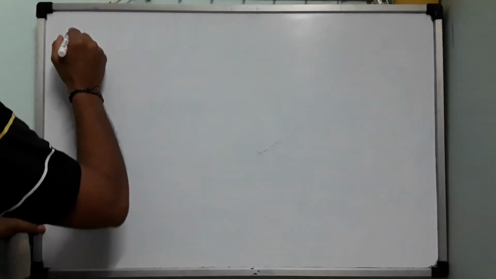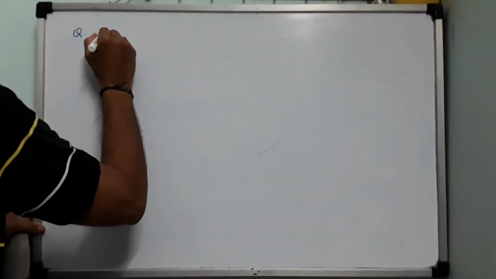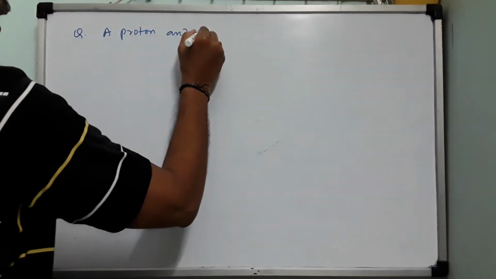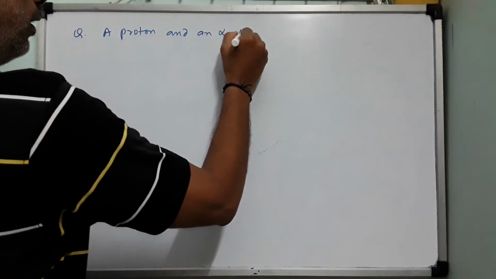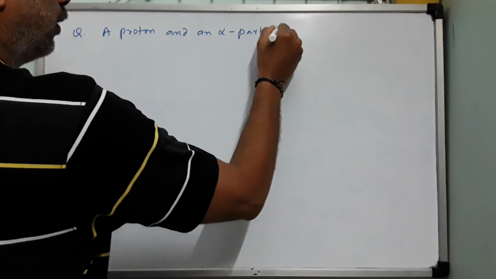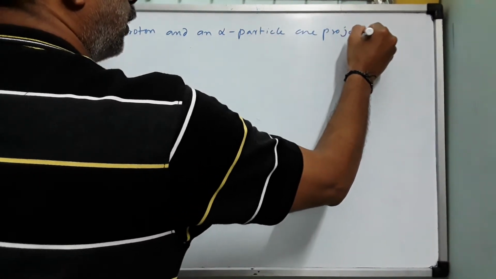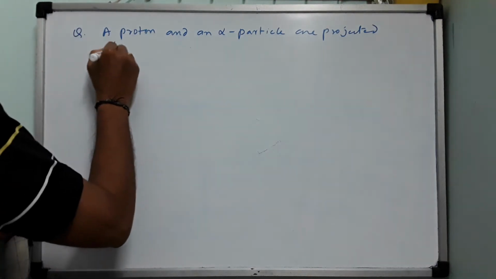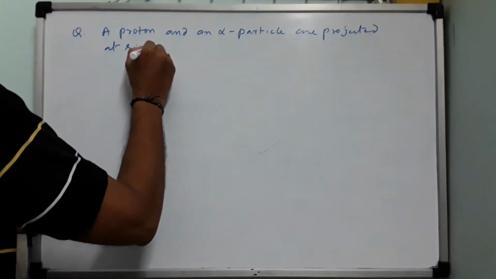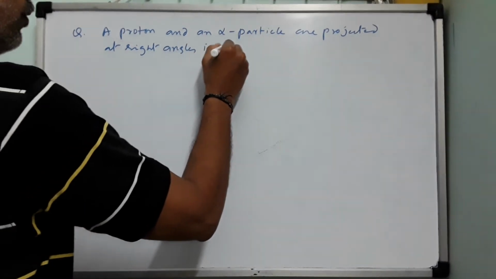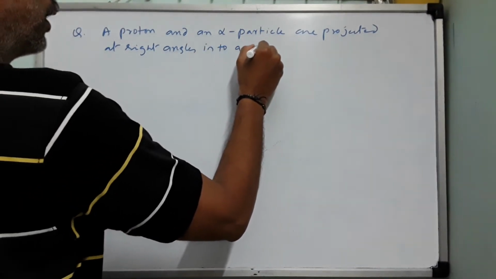The question is, a proton and an alpha particle are projected at right angles into a uniform magnetic field.